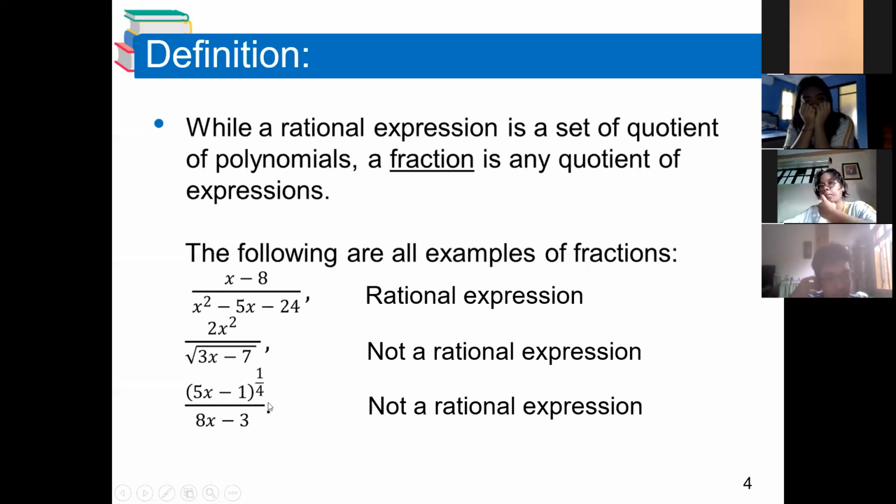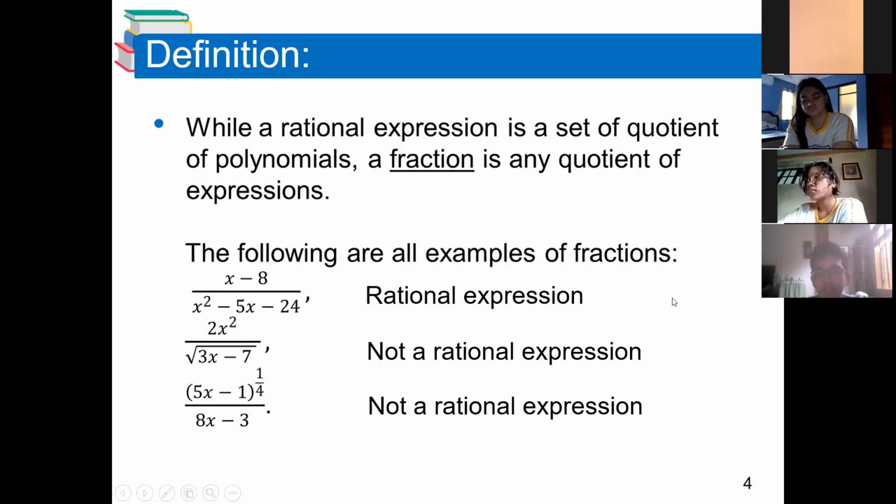For example, if I ask you to find the domain of the rational expression, and you cannot find any rational expression in the given, don't answer the domain, because the given in itself is faulty to begin with. It is not a rational expression, so no need to find the domain. But we can find the domain of a radical expression.